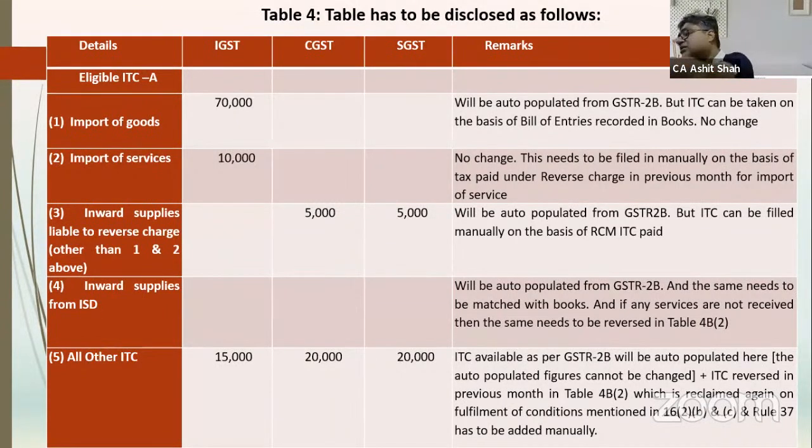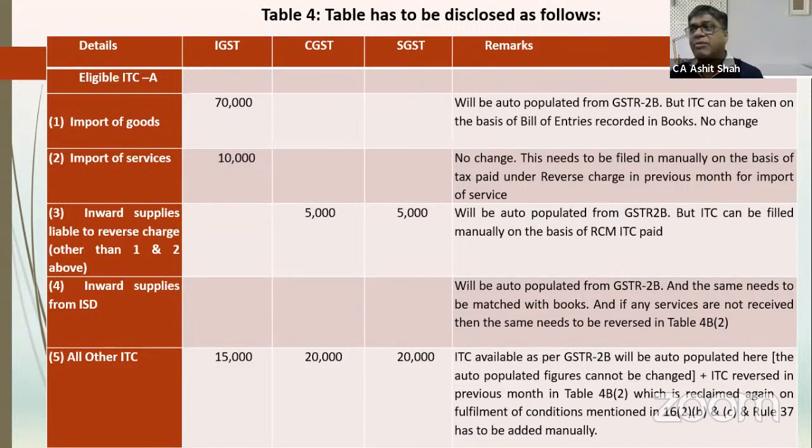But my vendor from whom I have procured the goods must have filed his GSTR 1. So he filed GSTR 1, and it came in my GSTR 2B. But the law says that you can take the input tax only and only if you have received the goods or services. Since I received the goods on the 3rd of September 2022, I cannot take the credit in the month of August. So I will not get that credit.